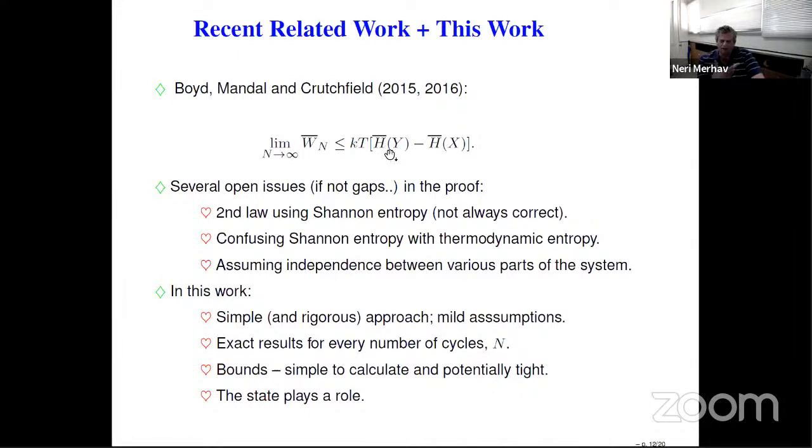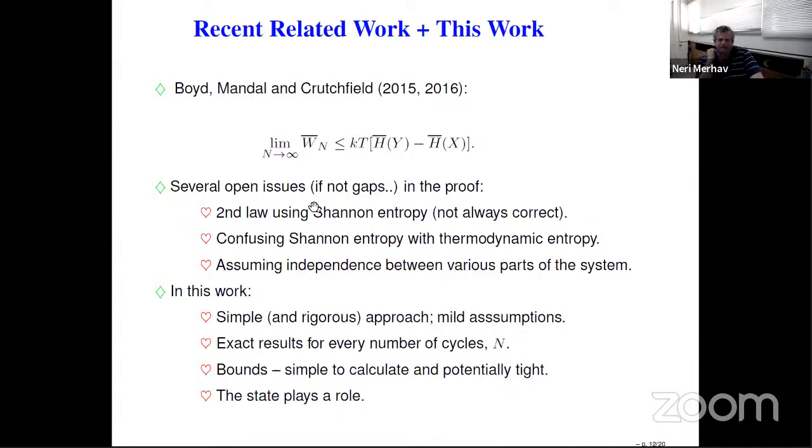Here I'm denoting, I forgot to mention, the entropies by H, which is the information theoretic notation. So the entropy rate of the output process minus the entropy rate of the input process, assuming, of course, that both input and output are stationary.